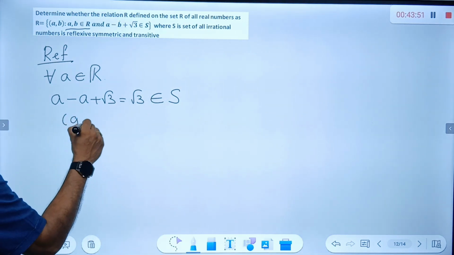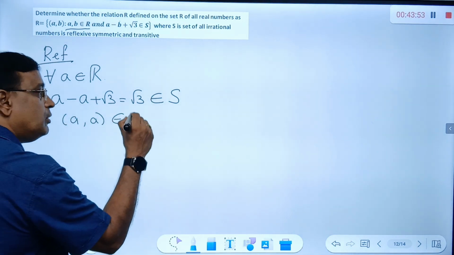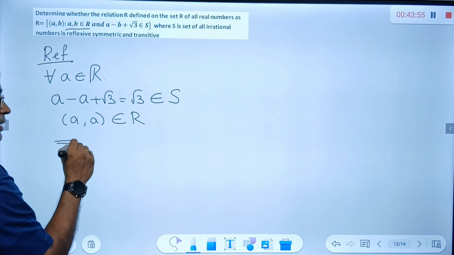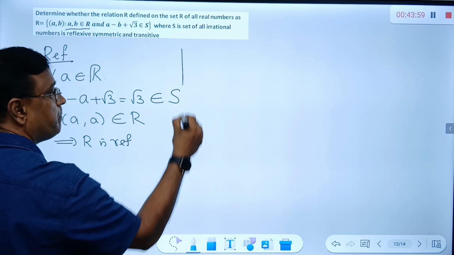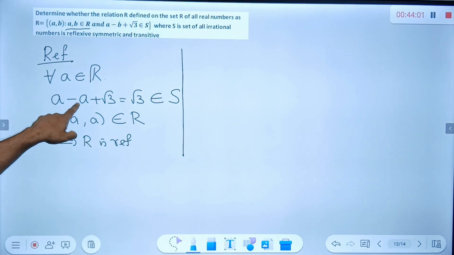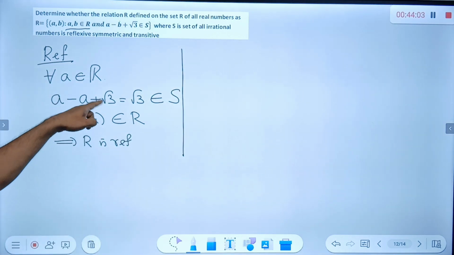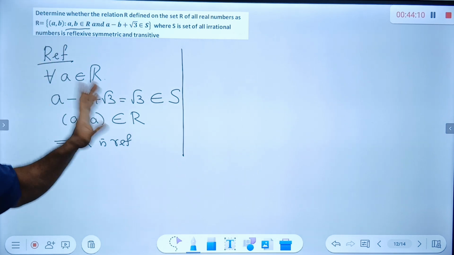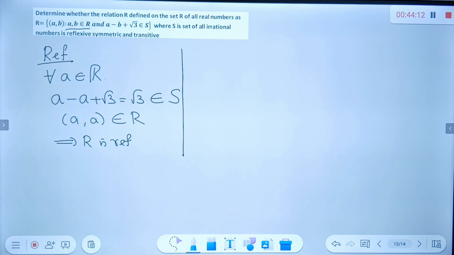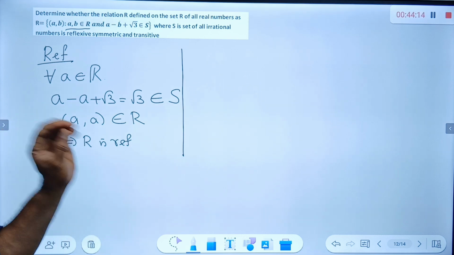Therefore, (a, a) definitely belongs to the relation. This implies R is reflexive. Understood? a minus a, a and a get cancelled, so you get root 3. Always choose any element. If both the elements are the same, you will get only root 3. Root 3 is irrational. Therefore, this is an example of a relation which is reflexive.